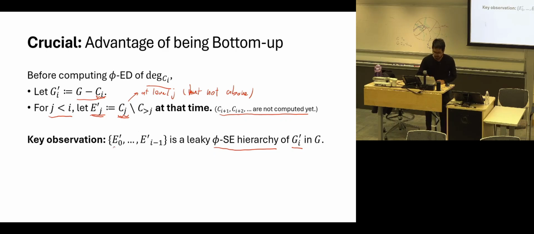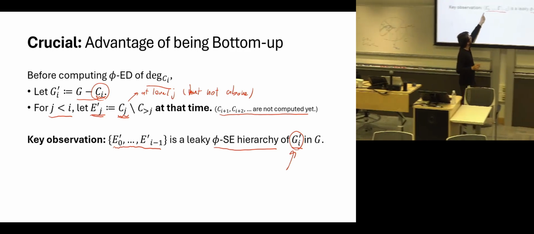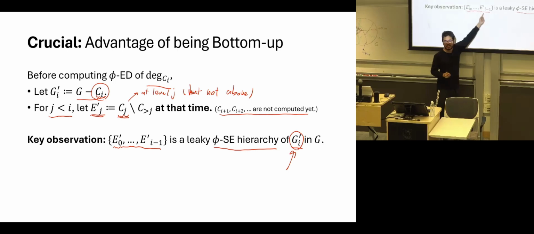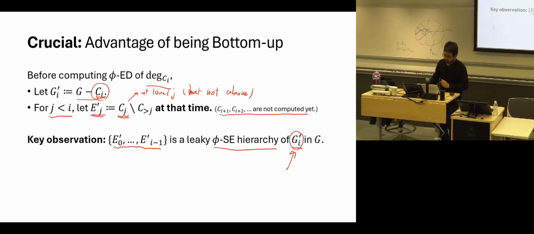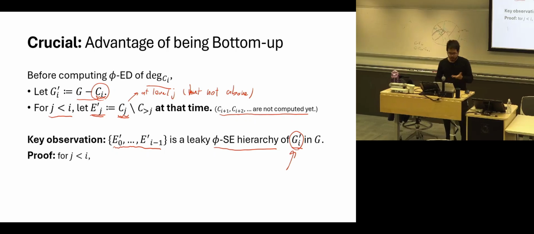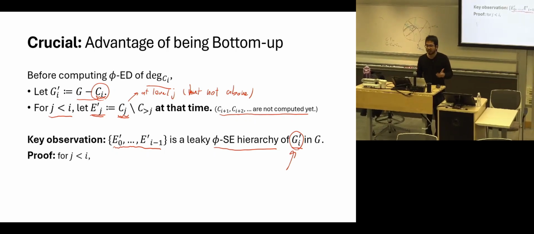Well, obviously this forms a partition of the edges of this graph, because this graph has all edges except the ones that have been promoted to level i, and this is just all edges at each level. So that's the partition, but the expansion guarantee is there too.